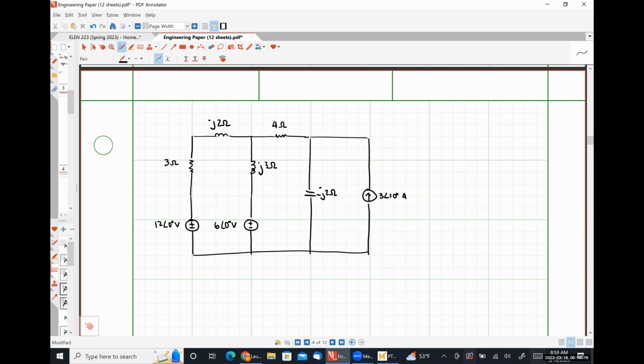And our goal here is going to be to solve for this current IX flowing through the J2 ohm inductor from right to left. So since we're using mesh analysis, I'm going to define my mesh currents.